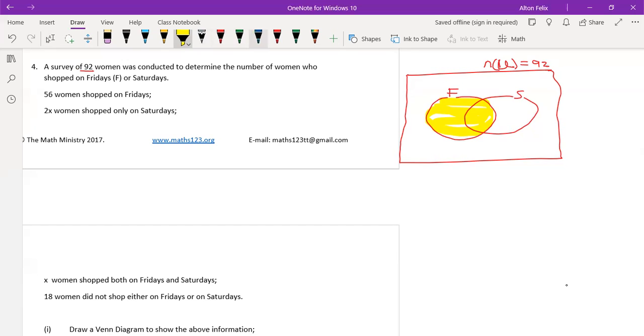We should not put 56 right here because that will say Fridays only, which is not what the information given in the question says. So 2X women shop only on Saturday. Well, only on Saturday will be right here, which is that white portion here, 2x. X women shop both on Friday and Saturday. So we know that will go here.